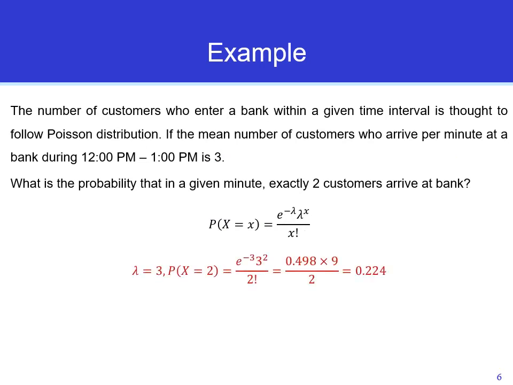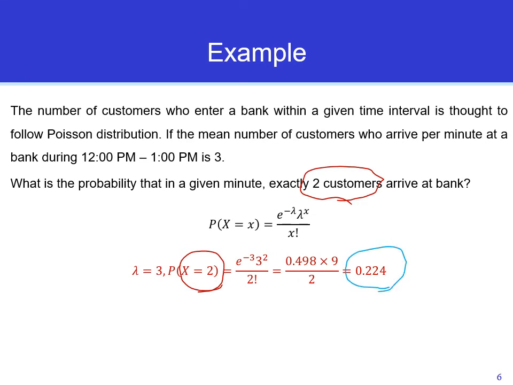All right, lambda is 3, and the question asks for exactly 2 customers. So we plug in the numbers, knowing that e is about 0.27 whatever. You can use your calculator to do that, and lambda is 3. So we get the probability as 0.224.